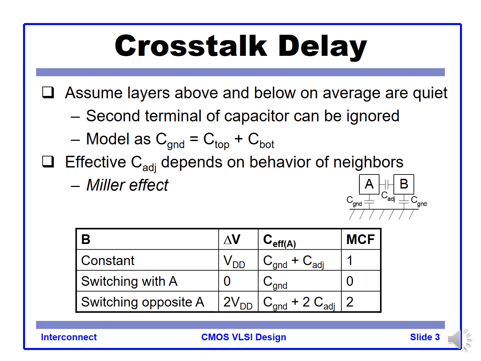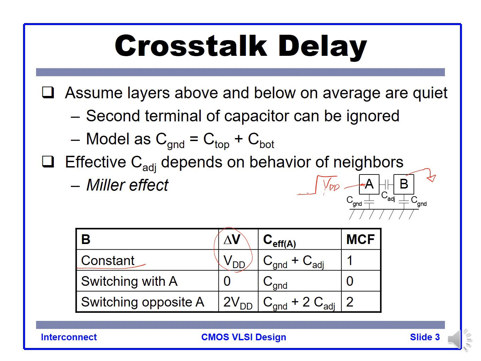So considering the Miller effect there, let's say B is a constant value, tied to ground, for example. Let's say we apply a delta V on A, like we switch line A from 0 to VDD.